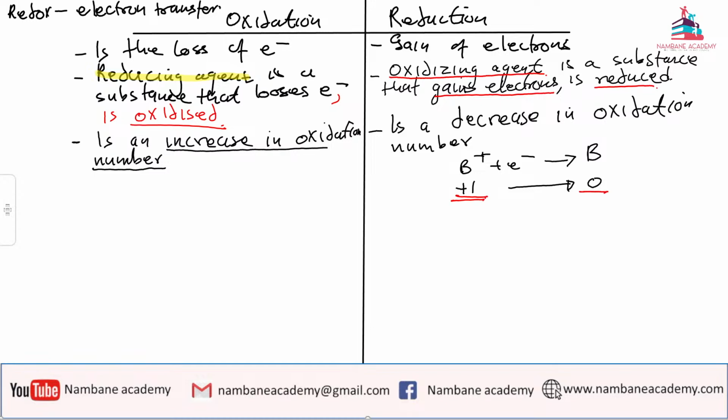So regardless of what the examiner gives me, the fact that I am moving from plus 2 to plus 1 or from plus 3 to 0, it basically says that is a way of identifying a reduction reaction, or the substance that is actually gaining the electrons.